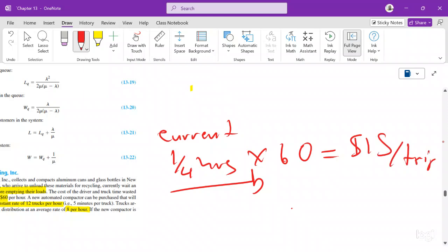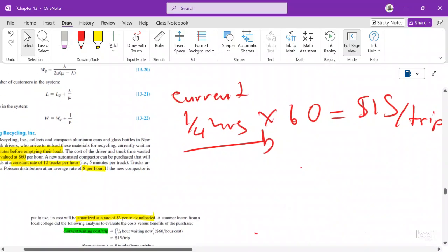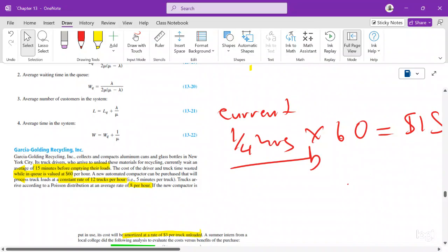This is just 1 over 12 of what? Hours waiting in the queue. So we multiply it by 60 to get per trip. So 1 over 12 multiplied by 60, you have 5.